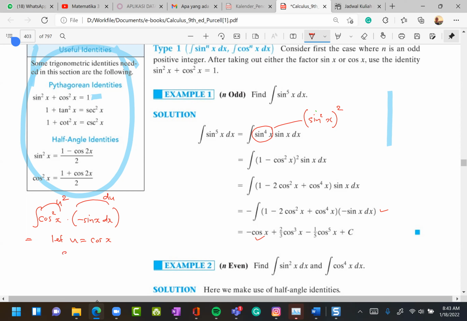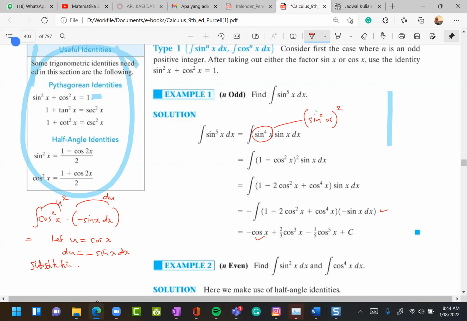Right, so the du is just negative sine x dx. Substitutions give you this one here.